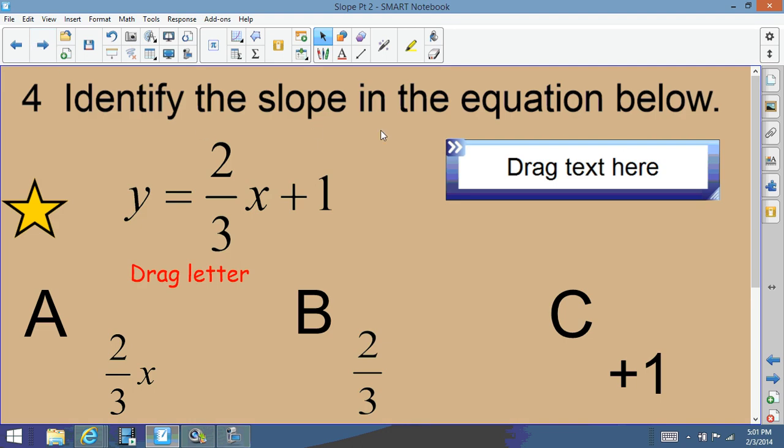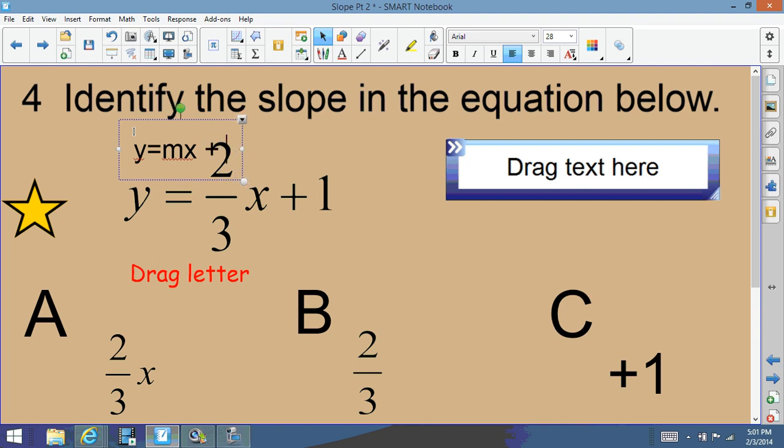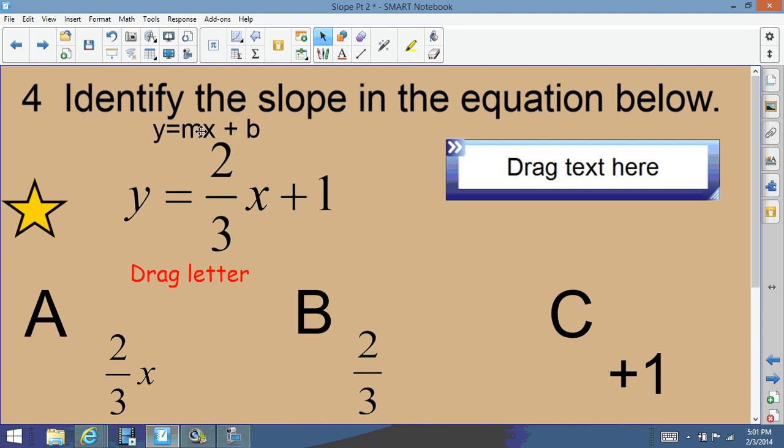So we want to identify the slope in the equation y equals 2/3 x plus 1. Now remember, in the slope-intercept formula, y equals mx plus or minus b, the slope is the coefficient, which is the number next to the letter x. So the number would be 2/3.